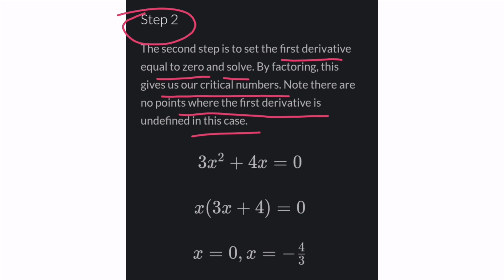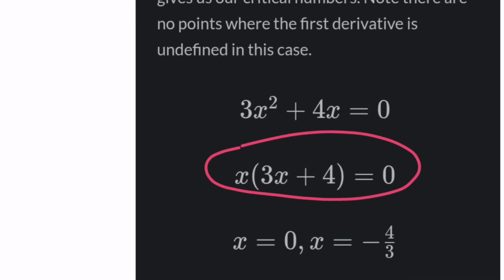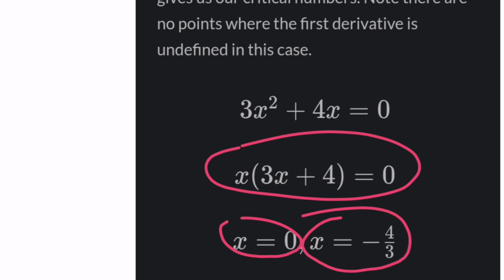So first we set the first derivative equal to 0. Now by taking x as common, x times 3x plus 4 is equal to 0. This means that x is equal to 0 or x is equal to minus 4 by 3. So these are the critical points of the given function.